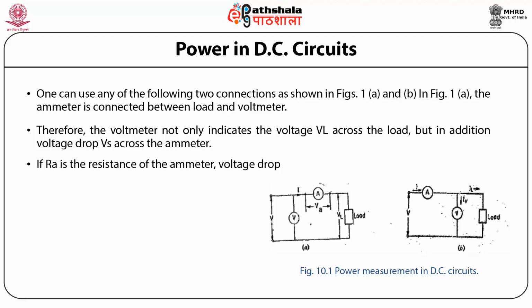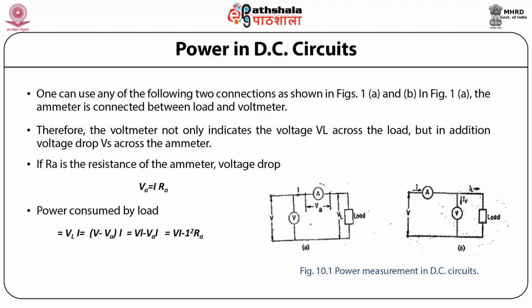If Ra is the resistance of the ammeter, the voltage drop is given by Va is equal to I into Ra, and the power consumed by load is given by multiplication of VL and I, which is equal to (V minus Va) into I, which in turn gives VI minus Va multiplied by I. And finally, we get VI minus I square Ra.